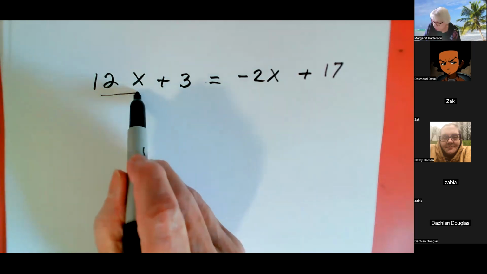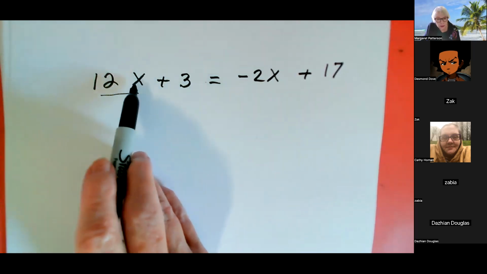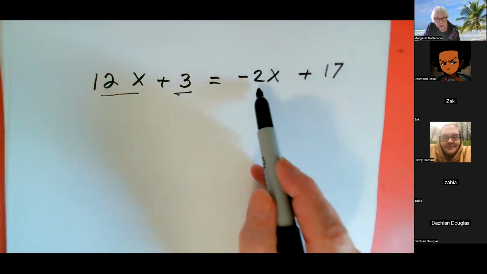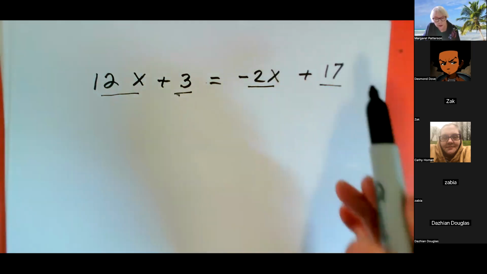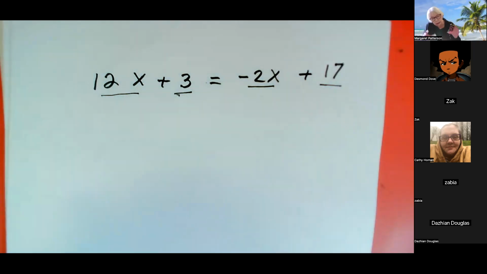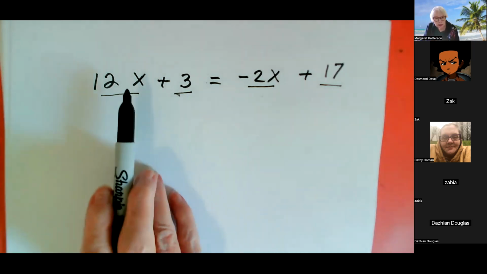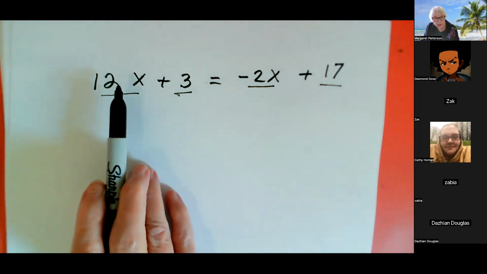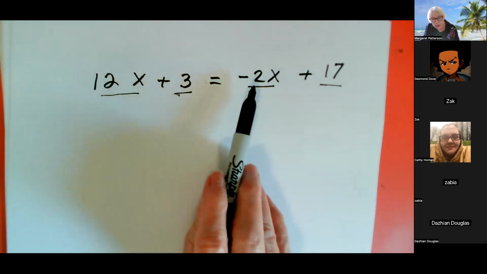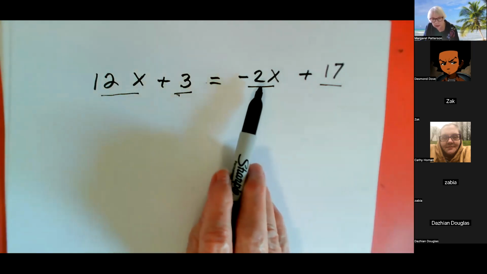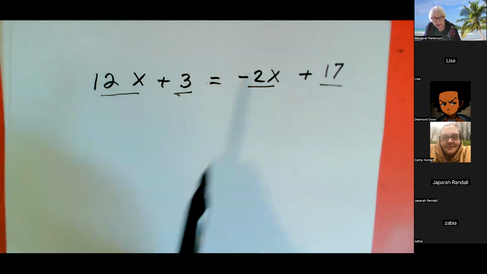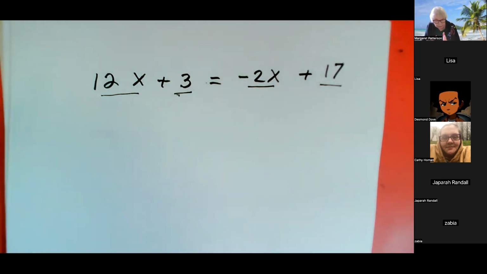So this is one term, and this is the other one. I want you to see the terms because they're like little units. But the trouble I see straight off the bat is this is 12x and on the other side is -2x. And I really need to get my x's together.